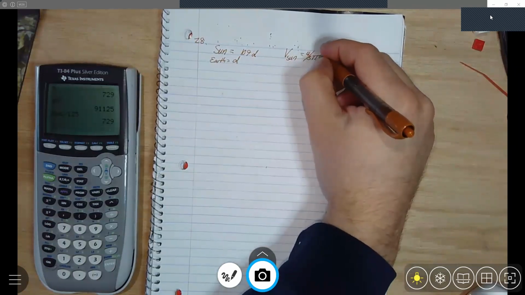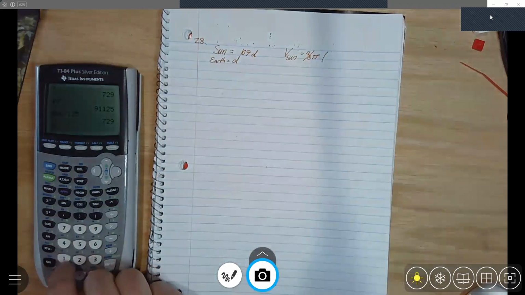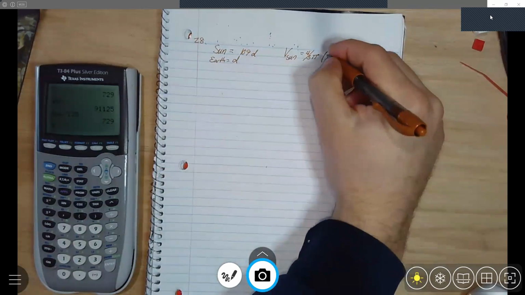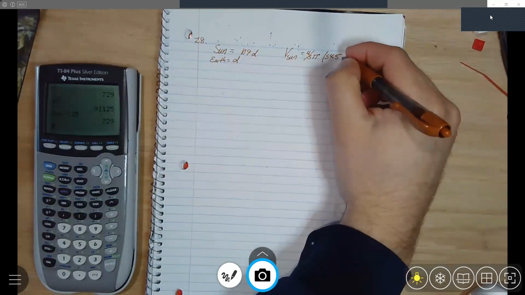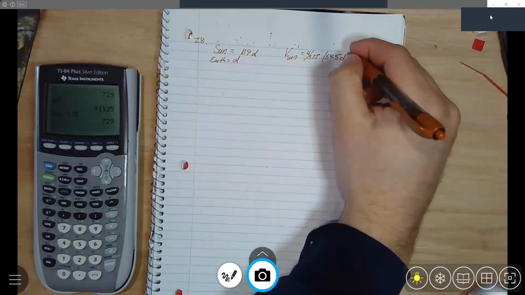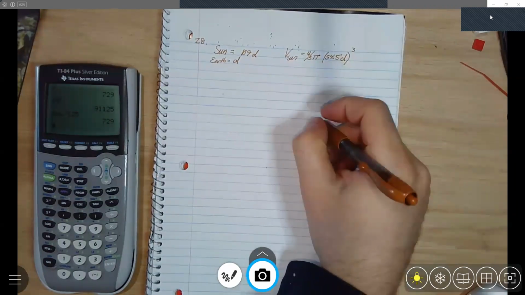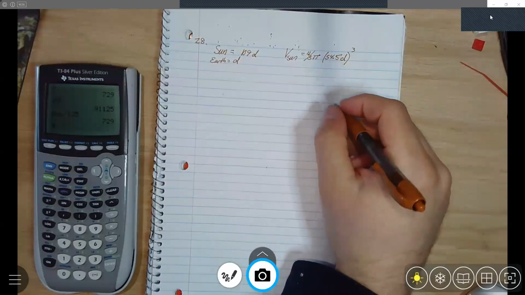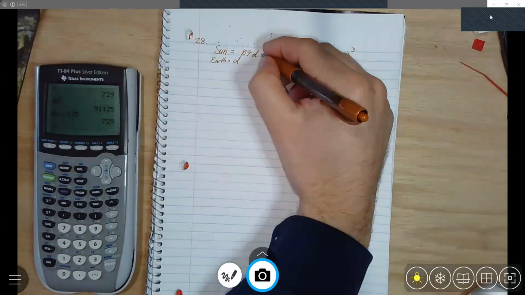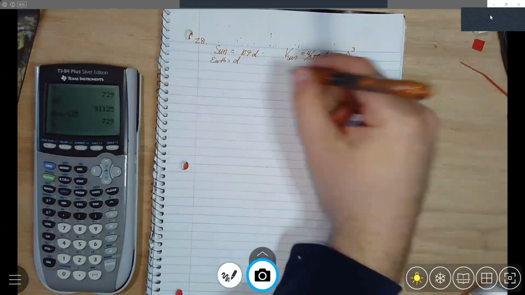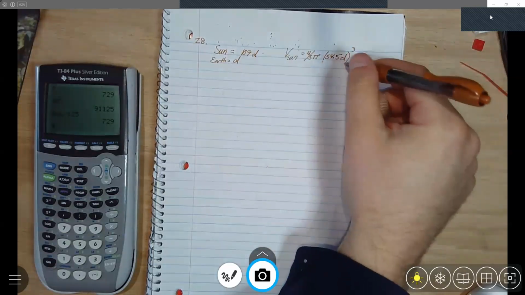Now we want radius. The radius is half the diameter. So if the diameter is 109 times d, the radius would be 54.5 times d.